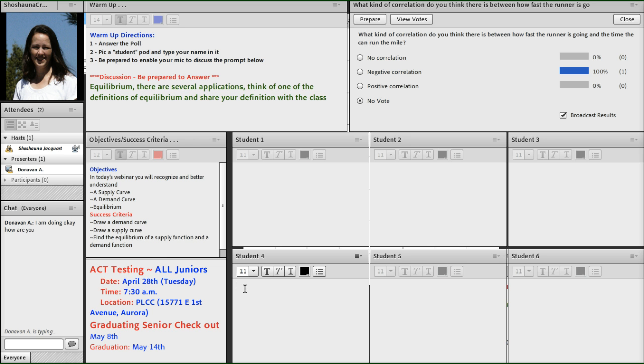If you want to activate your mic, you can, or not. Okay, so why do you think it's a positive correlation?